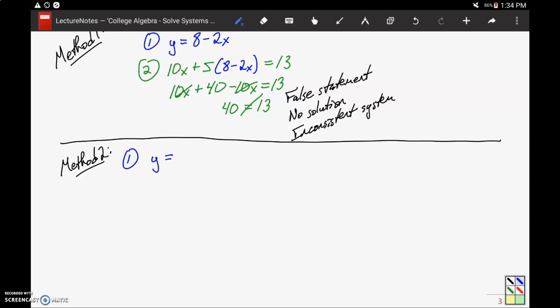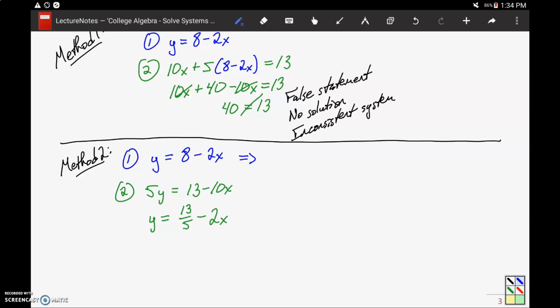So we already have the first equation solved as y equals 8 minus 2x. We could take equation 2 and subtract 10x to the other side, and then divide both sides by 5. To get y equals 13/5 minus 2x.